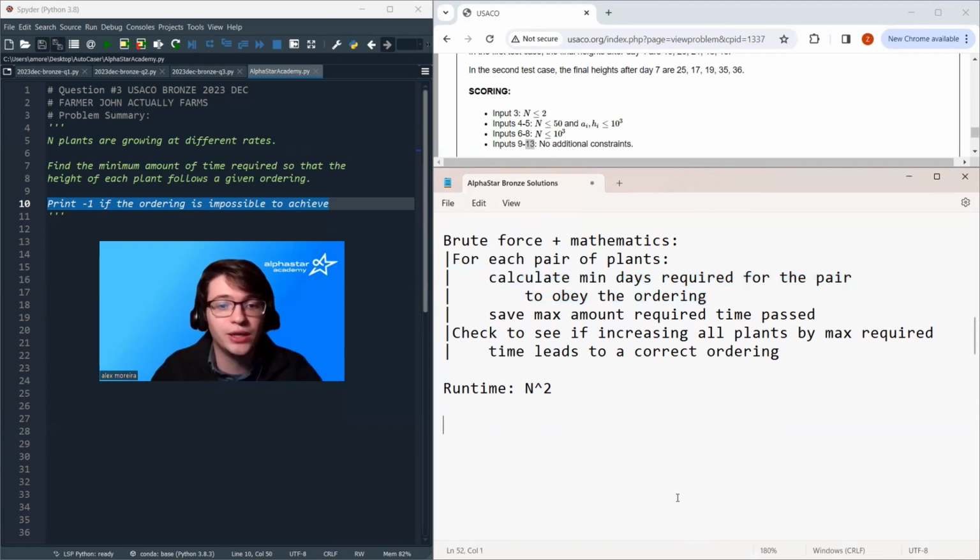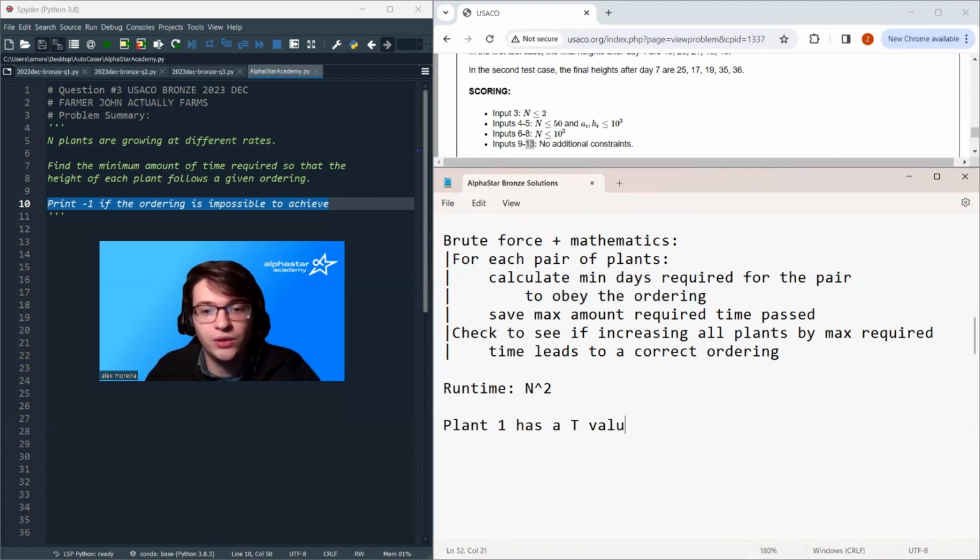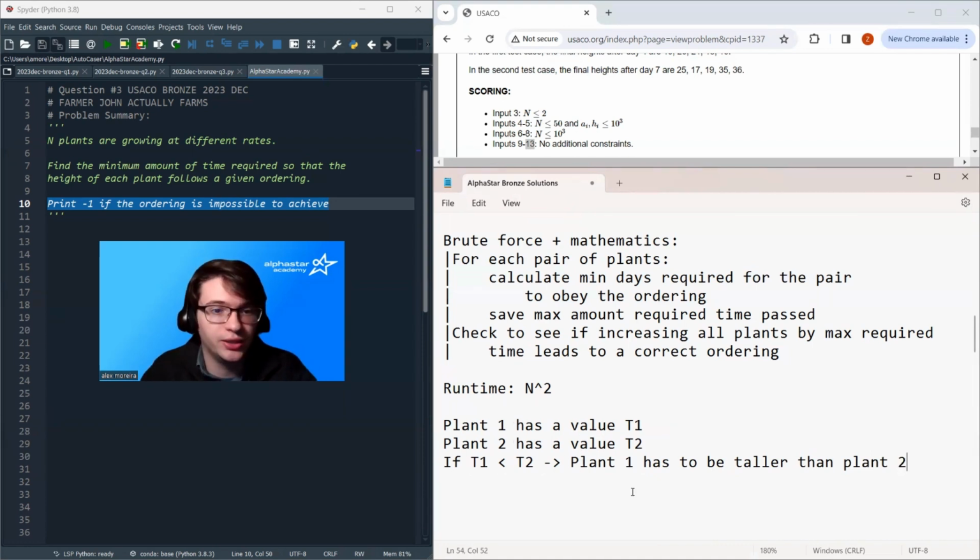So the idea is this. Plant 1 has a t value, let's call it T1, and plant 2 has a value T2. If T1 is less than T2, that tells me that plant 1 has to be taller than plant 2 eventually.